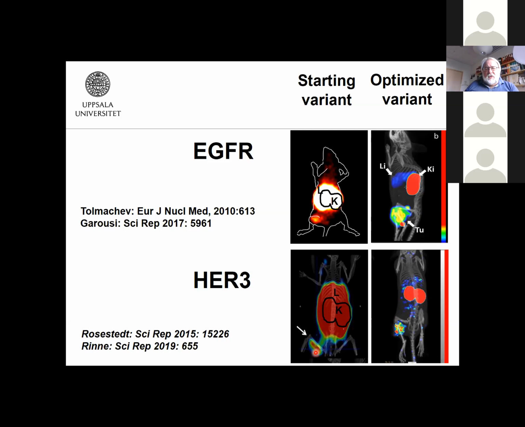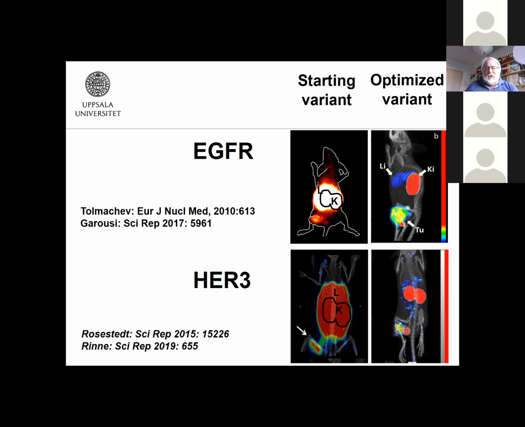So you could see the tumor was visualized, but again, kidney, liver, gastrointestinal tract, a lot of radioactivity uptake, and essentially it would be very difficult to image a tumor which is below the diaphragm.